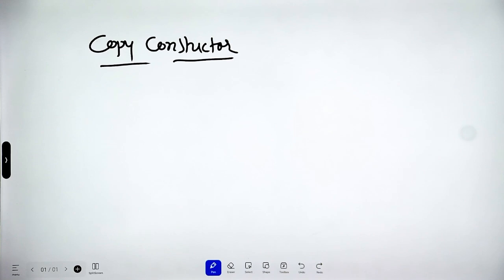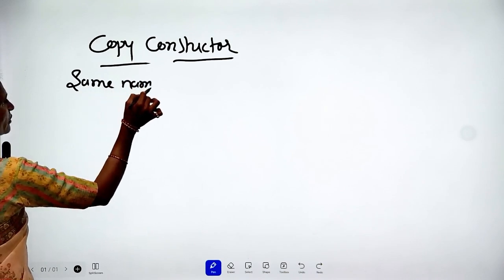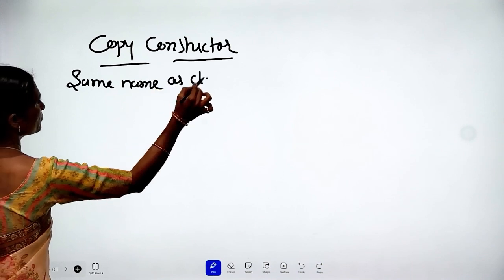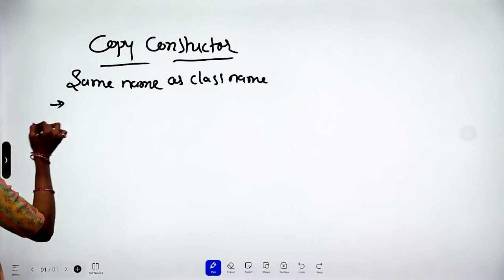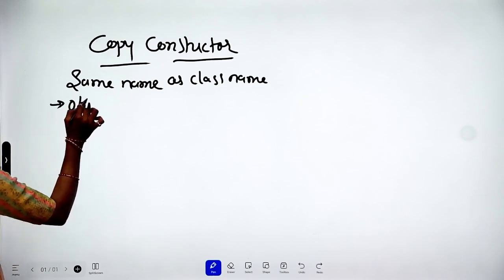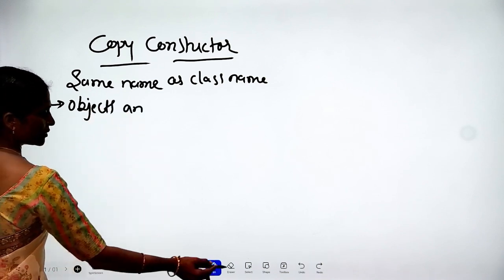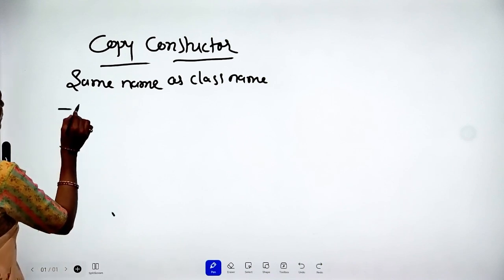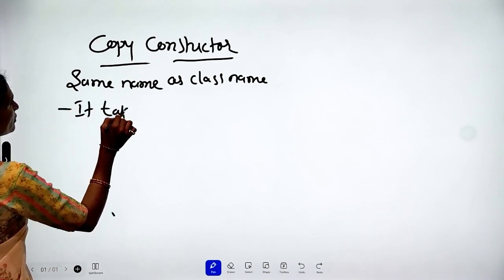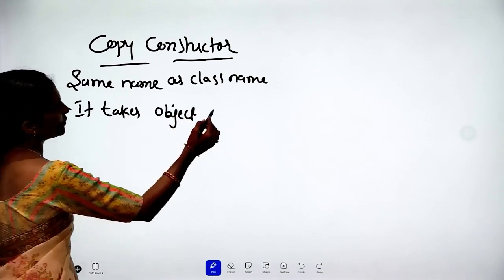The copy constructor is again a special member function which has the same name as the class name. But the beauty of this is that it takes an object of its own class as an argument.